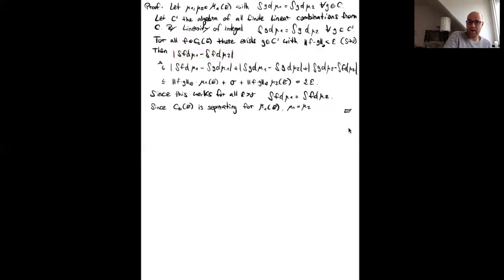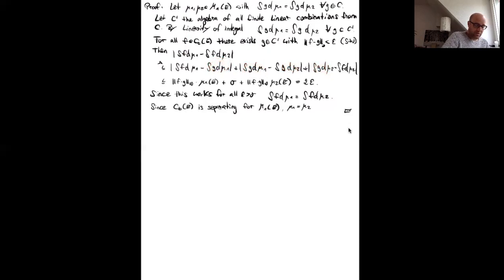We show this is smaller than epsilon, and since I can do this for all epsilon, I know the integrals are the same. So I do triangle inequality twice. So this difference is estimated from above by this minus this. Now I have to add this for triangle, minus this, and have to add this. So it's twice the triangle inequality, getting in the game these four terms.